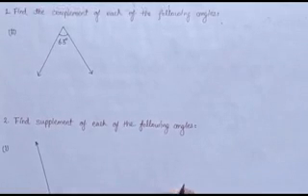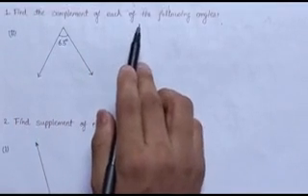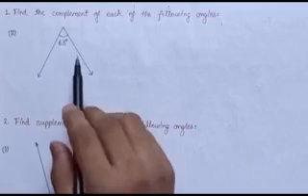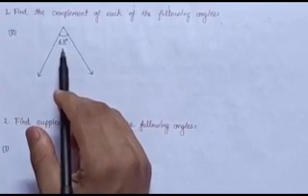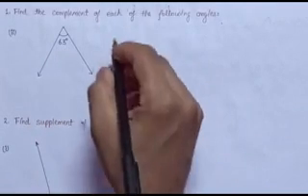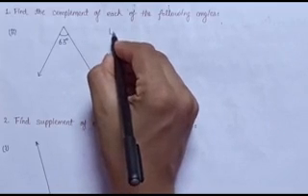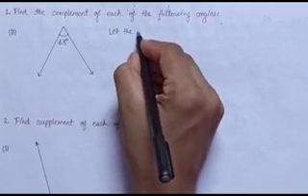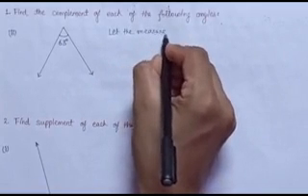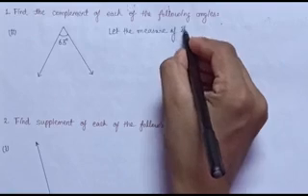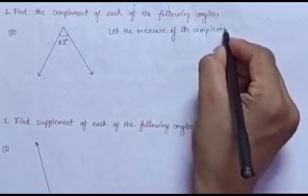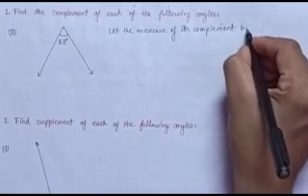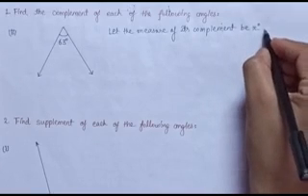Now let us see the first question from exercise 5.1. Find the complement of each of the following angles. So here we are given 63 degrees and we have to find the complement of this angle. Let the measure of its complement be x degrees.